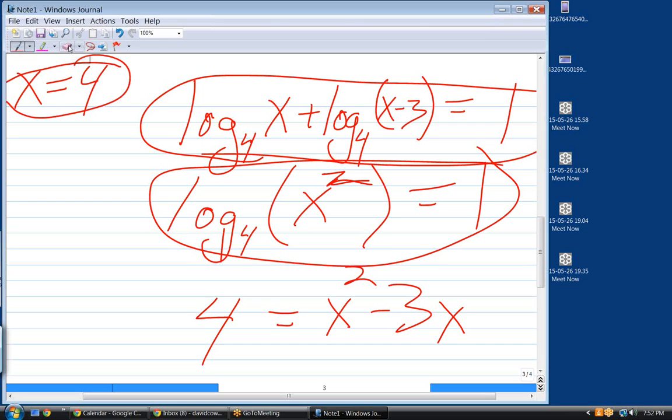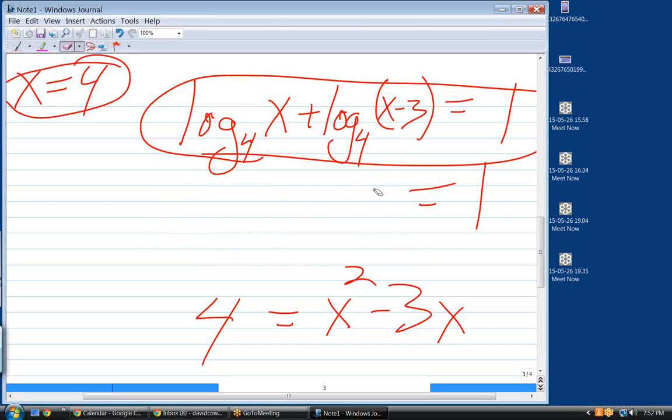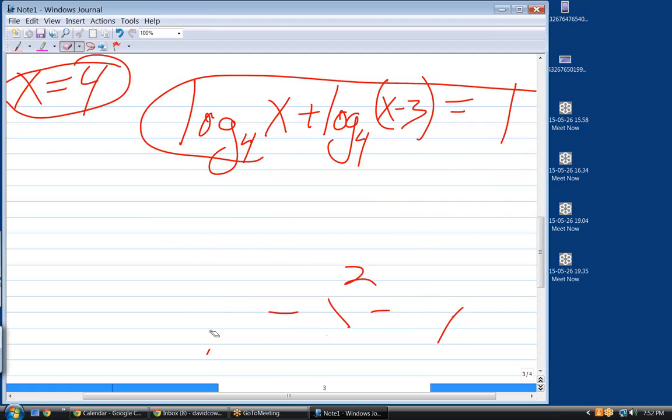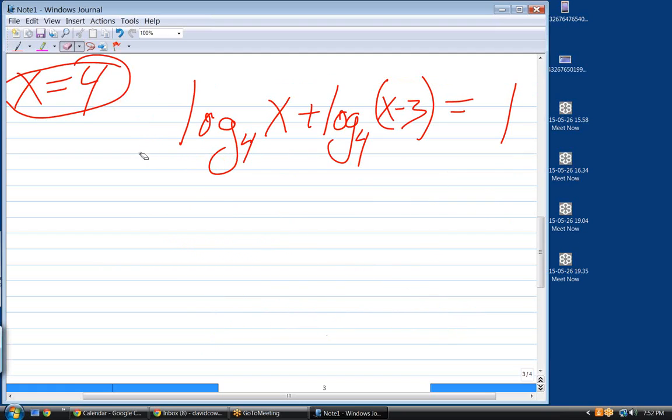In other words, it happens to give us 2 log functions that we can do without a calculator. The log base b of b is always 1, and the log of 1 base anything is always 0. So 1 plus 0 is 1.